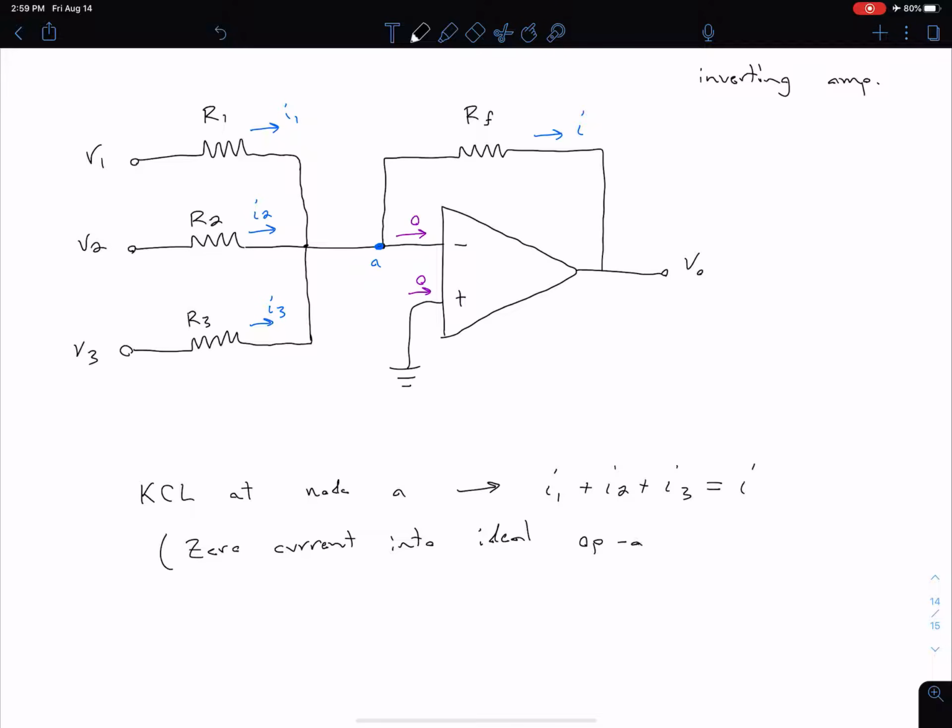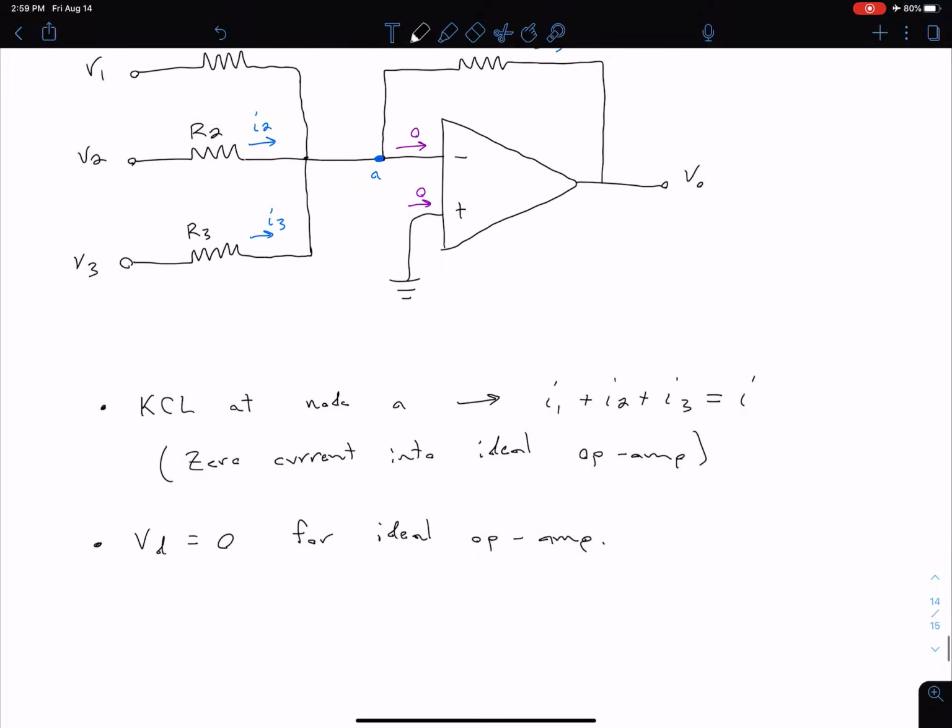Okay. So our other property of our ideal op-amp that we want to use is that the differential input voltage is zero. We can write that as VD, our differential input voltage, is equal to zero, and this is for our ideal op-amp. What that means is our inverting and non-inverting terminals are going to be at the same potential.